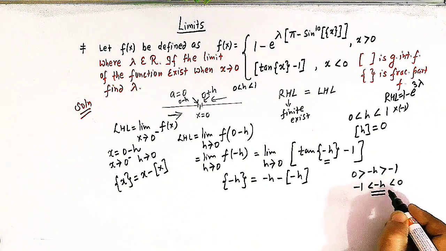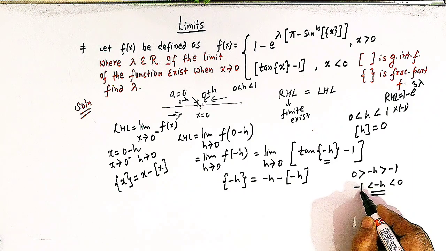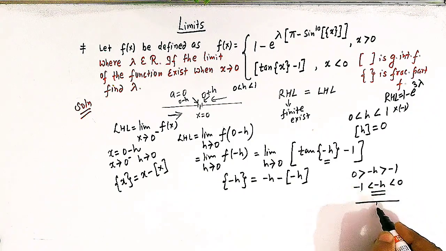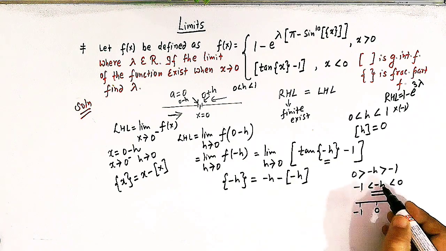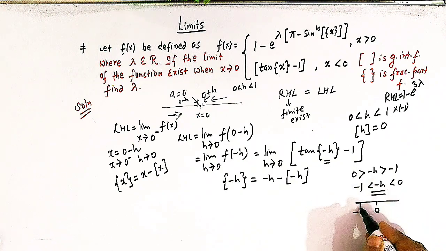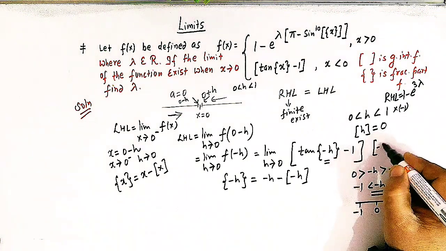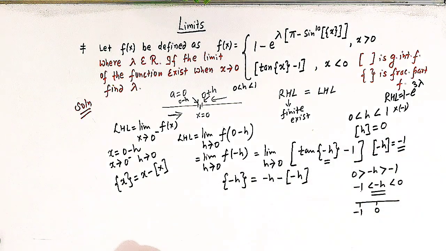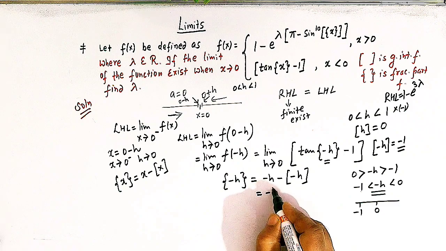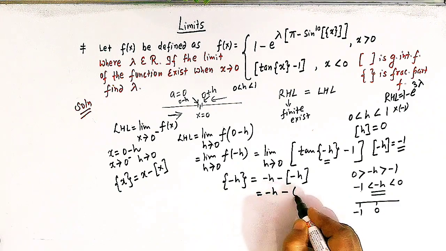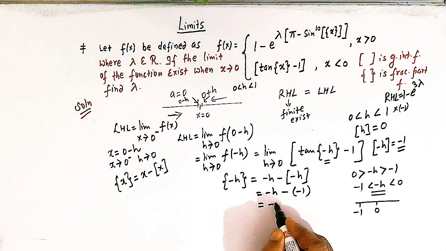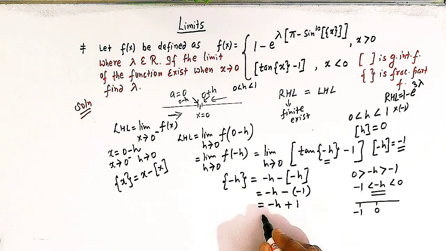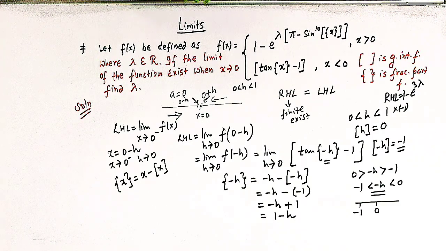So this inequality indicates that minus h lies somewhere between minus 1 and 0. So the greatest integer of minus h should be equal to minus 1 by definition of greatest integer function, right? So now we have minus h minus minus 1, so this is minus h plus 1, so this is 1 minus h. So the fractional part of minus h is equal to 1 minus h.